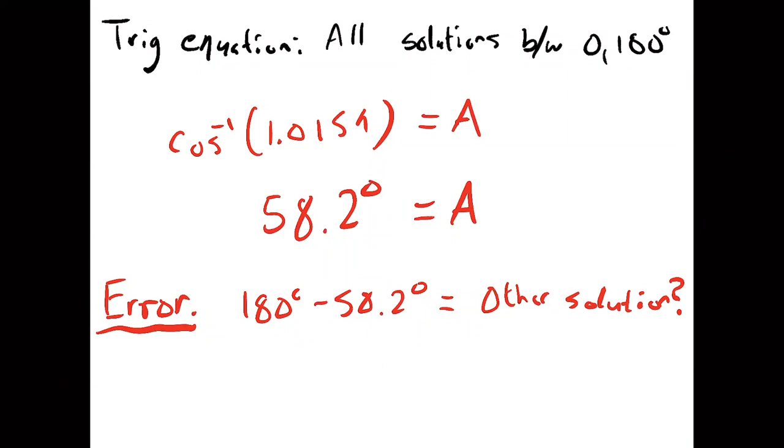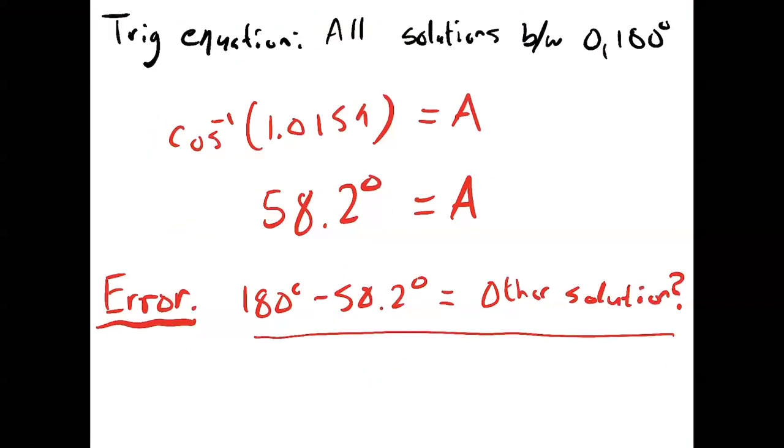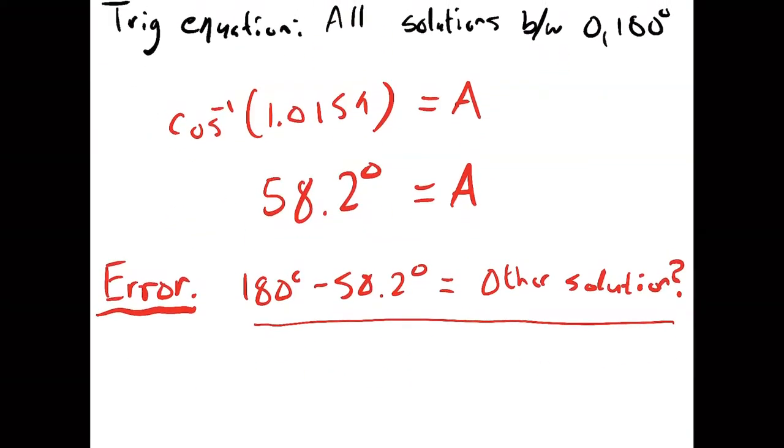Does anyone know why this is not a solution? So this is really the difference between law of sine and law of cosine. It's really this trig equation that we have right here. And so this is actually kind of tricky. So remember, anytime we're solving trig equations, in quadrant 1, everything's positive. Quadrant 2, only sine's positive, then cosine, and then tangent.